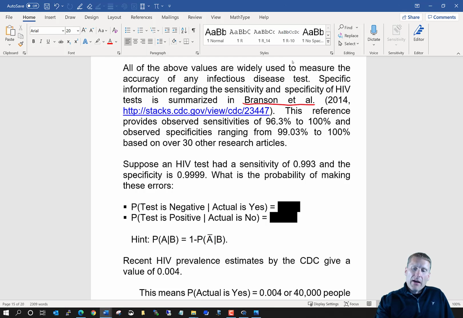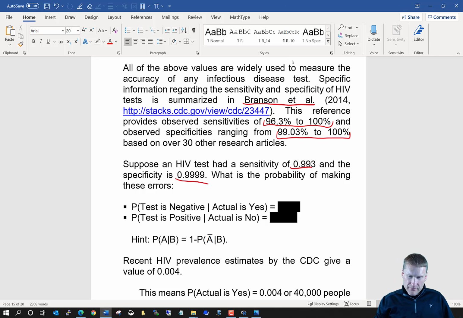What they found was that the observed sensitivities for those tests were somewhere between about 96.3% and 100%. The observed specificities were between about 99% and 100%. Again, we would like these to be as close to 100% as possible. So let's say that an HIV test has a sensitivity of 0.993 and a specificity of 0.999.